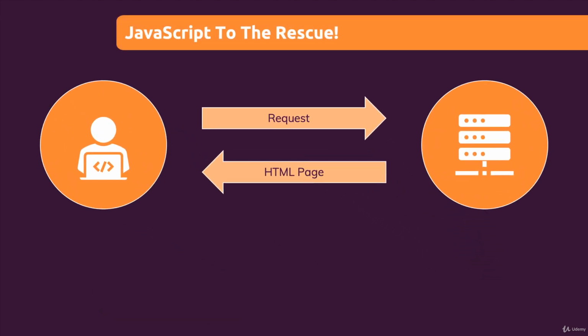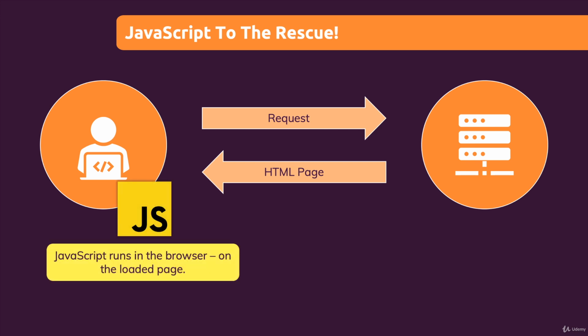JavaScript can speed this up, and JavaScript in the browser allows us to provide a more modern web application, a more modern user interface. JavaScript has the huge advantage of running in the browser on the loaded page. That means we have a language running in the browser which can be used to change that page without fetching new HTML behind the scenes.